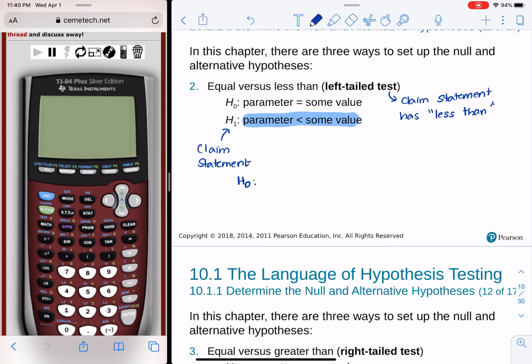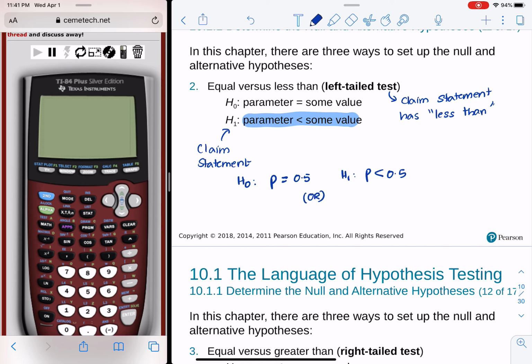As an example, I'm going to take proportion equal to 0.5 against proportion less than 0.5. Since we have less than, this would be a left-tailed test.